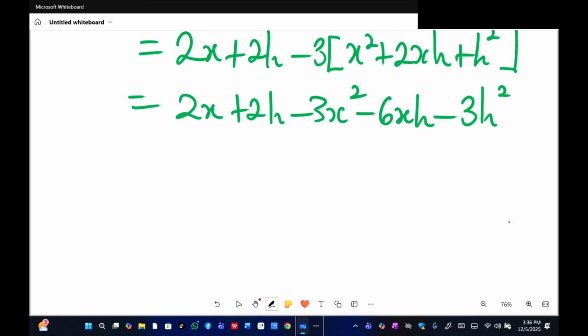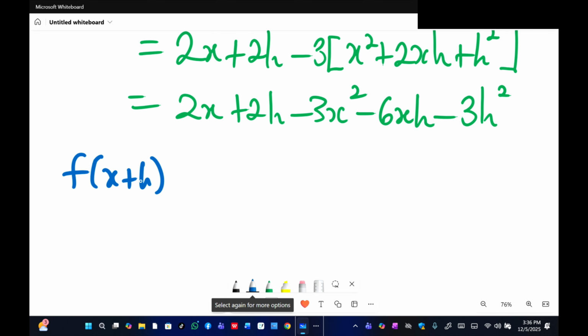So we need to get f of x plus h minus f of x. Right. So let us work on that.